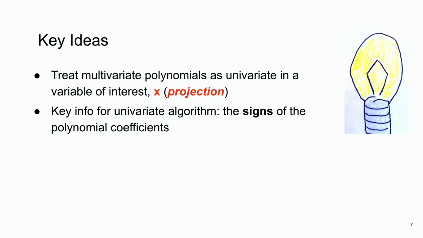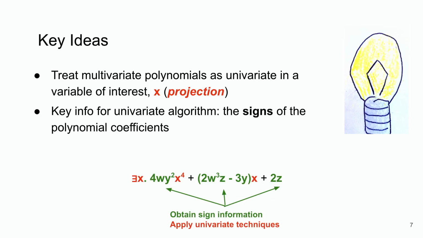If we never need to know the values of our coefficients, then in our world where the coefficients are now polynomials, we can still make progress. For example, in the problem shown on the slide, our variable of interest is x. Let's treat our coefficients as just something that we want to obtain sign information for, and then we can apply univariate techniques to solve this overall problem. This is the basic idea.